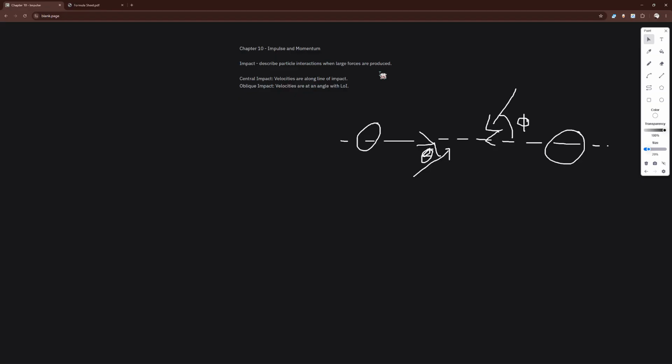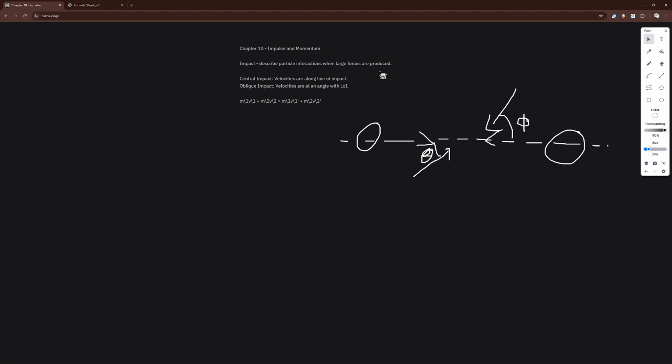Central impact, obviously, has easier calculations, right? So from chapter 9, we have m1 v1 plus m2 v2 is equal to m1 v1 prime plus m2 v2 prime, like so.